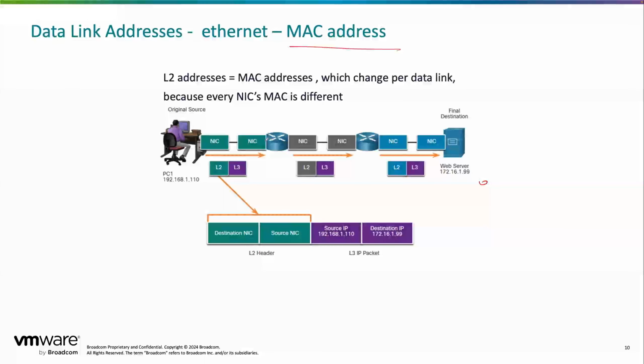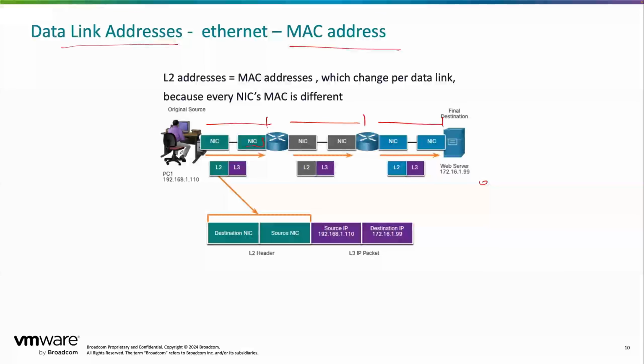The default gateway also has its own MAC address and its own NIC network adapter. Here we have three data links, the first, the second and the third, and every data link has its own data link addresses.